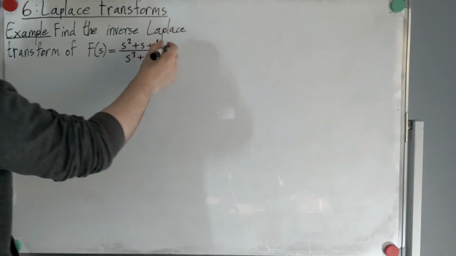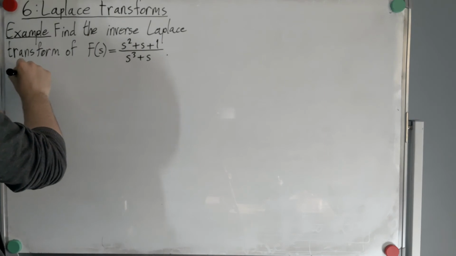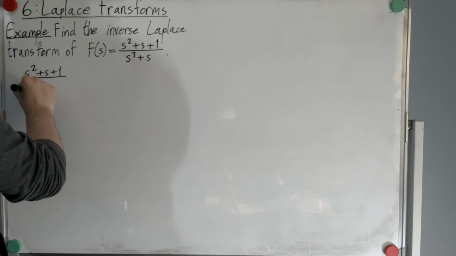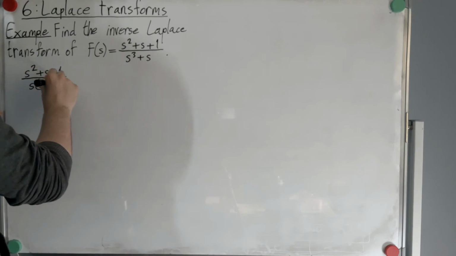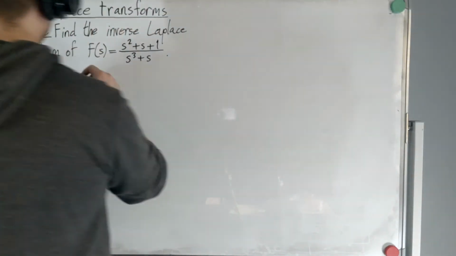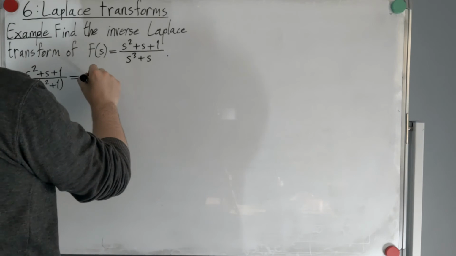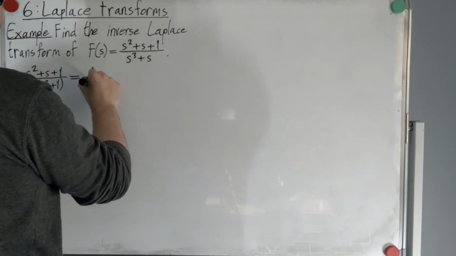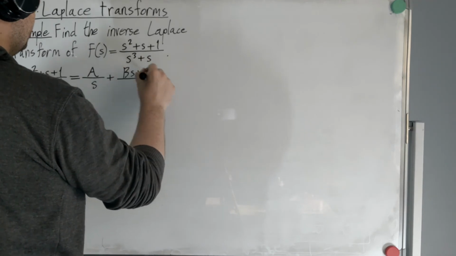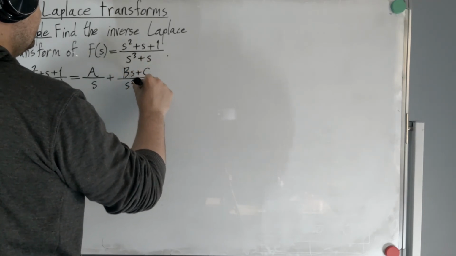So this can be written as s squared plus s plus 1 divided by s times s squared plus 1. And then you can do a partial fraction decomposition on that. This is A over s plus Bs plus C over s squared plus 1.